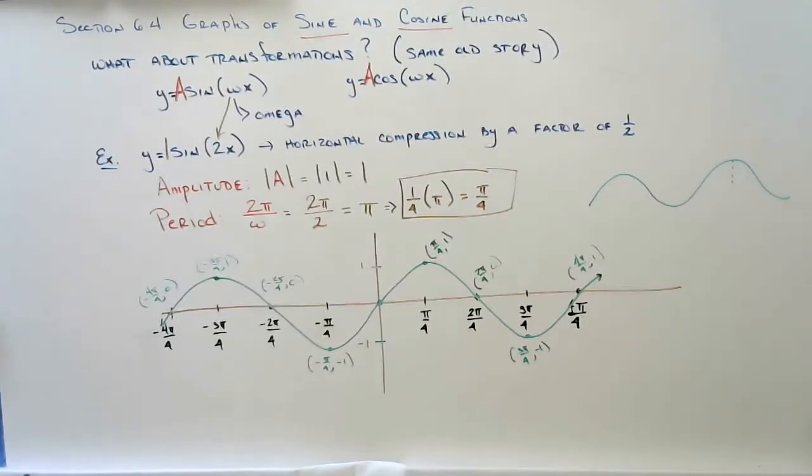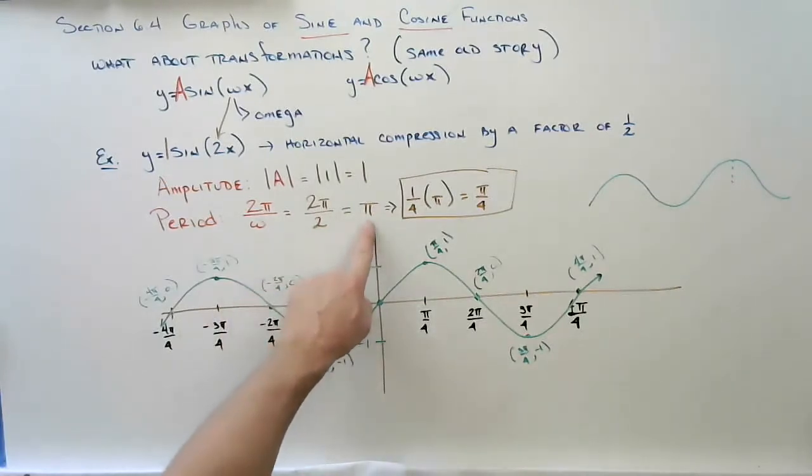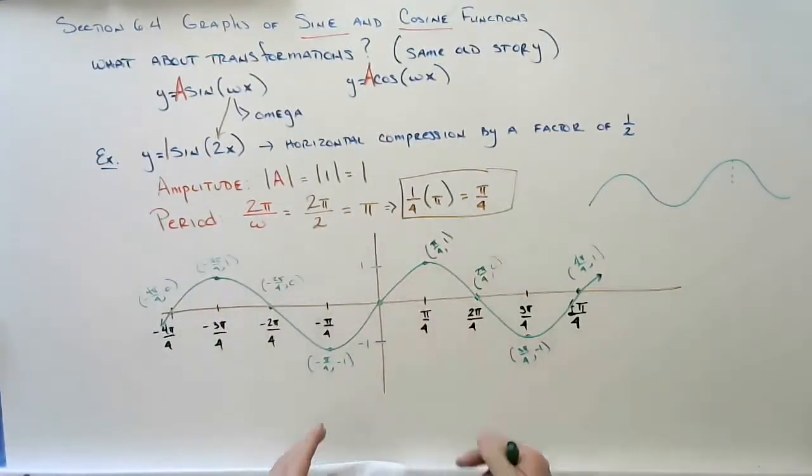Okay, again, from the top, what did we do? We found the amplitude, we found the period. We used the formulas. We took our period and divided it by 4 because we needed 4 equal pieces. It's always going to be 4 equal pieces because sine has 4 equal pieces. Cosine has 4 equal pieces. We put our hash marks.